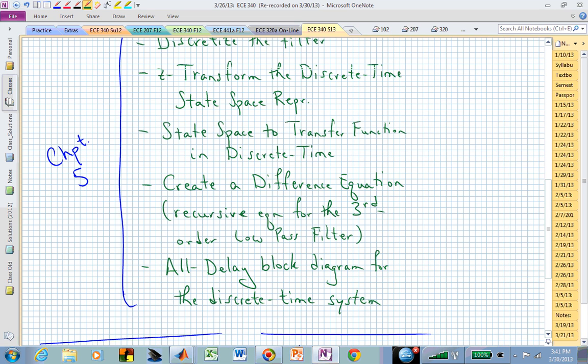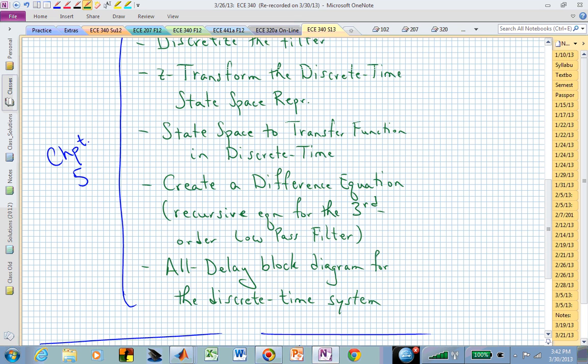You could create this recursive discrete time approximation of the filters that we're designing. That could be of any order that you want to meet the design specifications that you're looking for. And you could number crunch that data set and do the low pass filtering numerically with this discrete time implementation or realization.